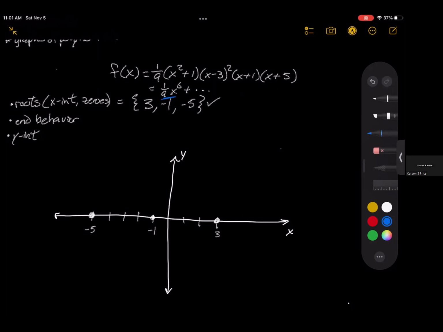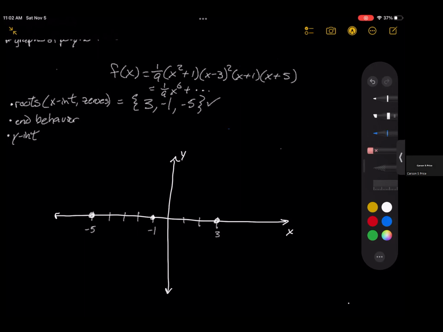And I know that's what it's going to be because of this 1/9 right there. And then all of these x's just have ones in front of them. So the 1/9 will be the leading coefficient. And how many x's do I have? I've got 1, 2, 3, 4, 5, and 6.